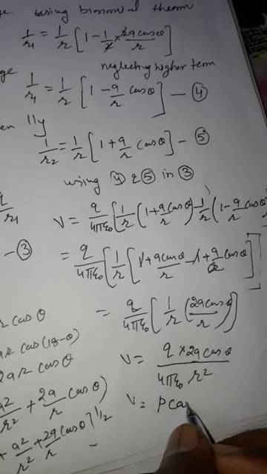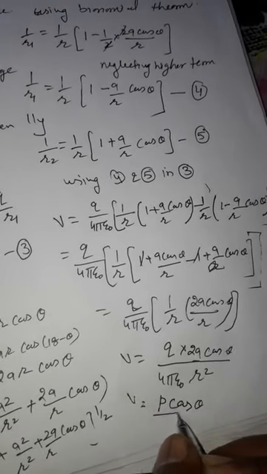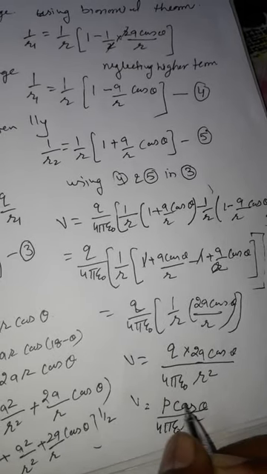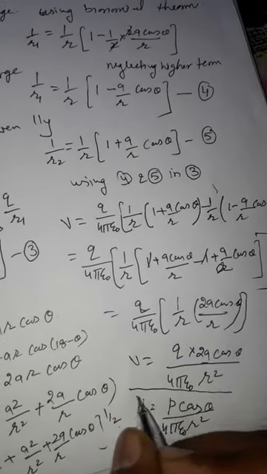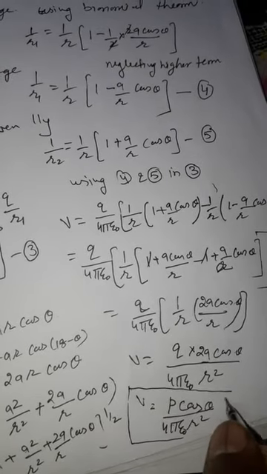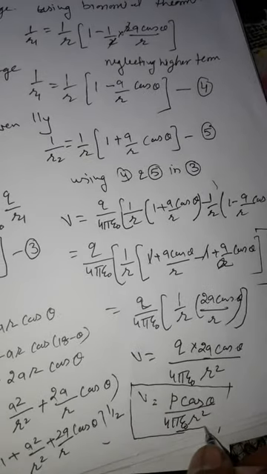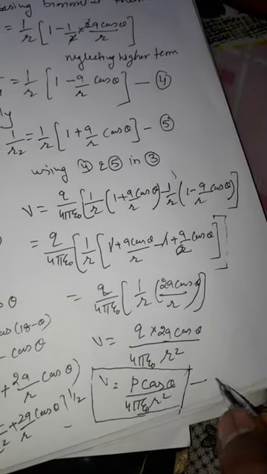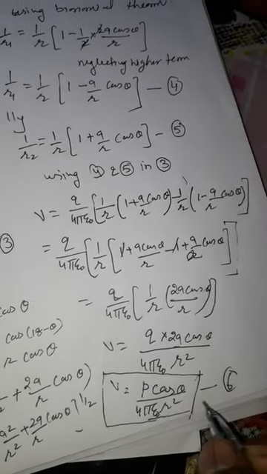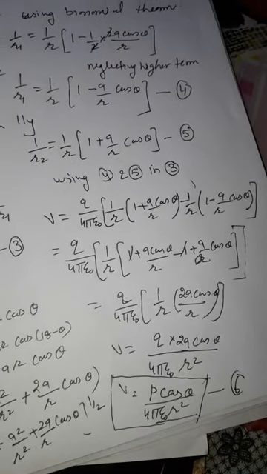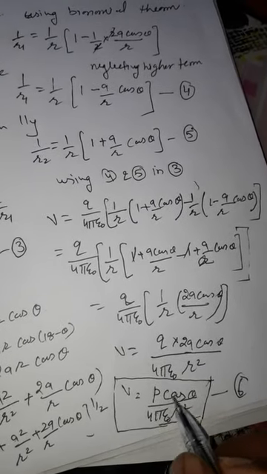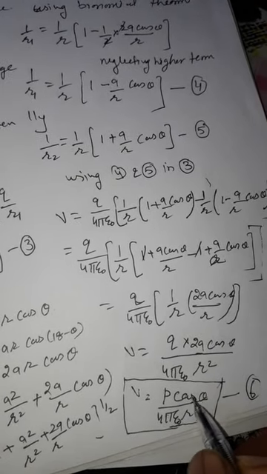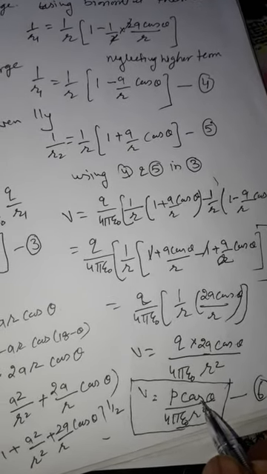So it becomes p cos theta upon 4 pi epsilon naught r square. This is the relation for electrostatic potential at a point due to an electric dipole, V equals p cos theta upon 4 pi epsilon naught r square. It is the case of a short dipole.